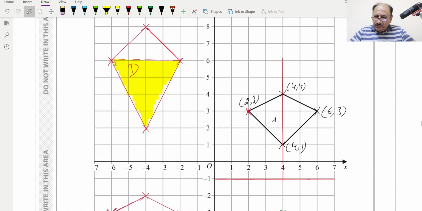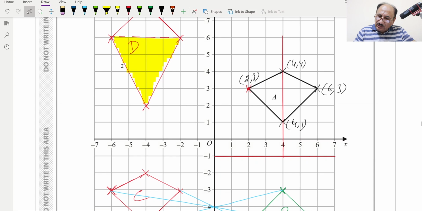Whereas area of A is what? Area of A we can calculate. Area of A we can split into two triangles. So the upper triangle will be the smaller one.